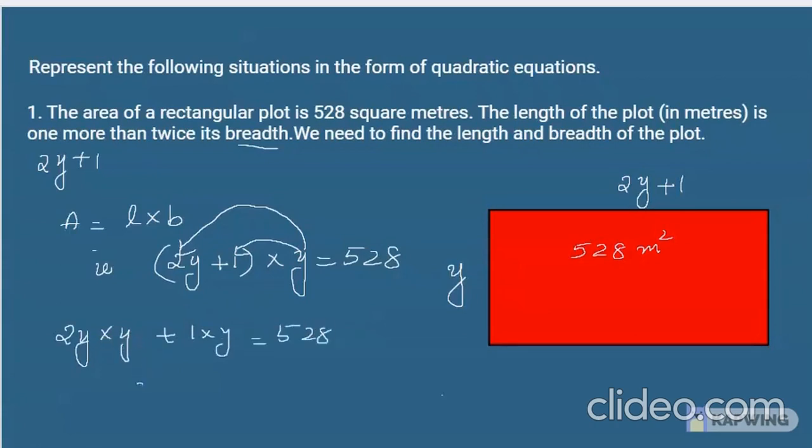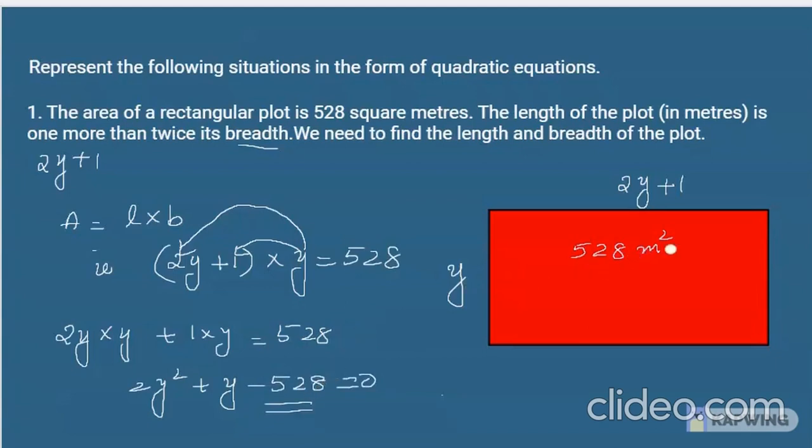What is 2y into y? It is 2y square plus y. Now let us bring 528 from the other side to the left hand side, so it becomes 2y square plus y minus 528 is equal to 0. So this is the required equation.